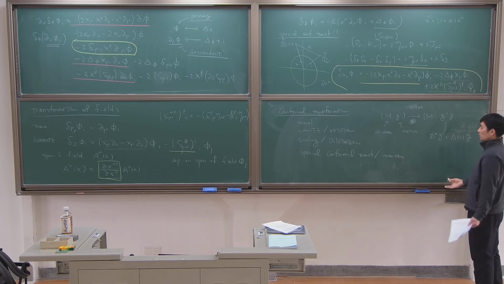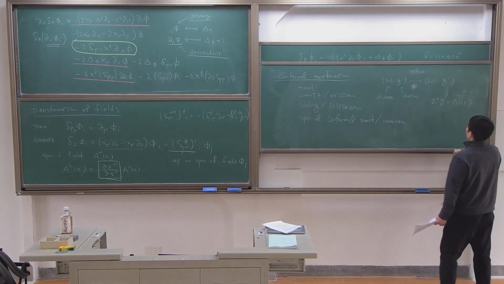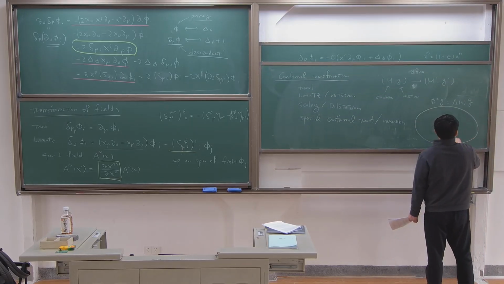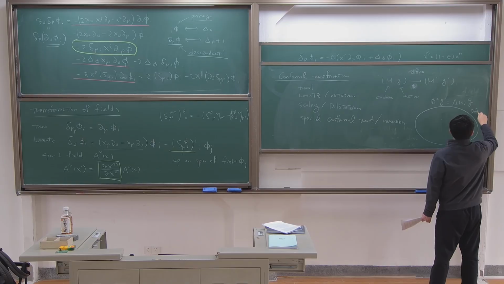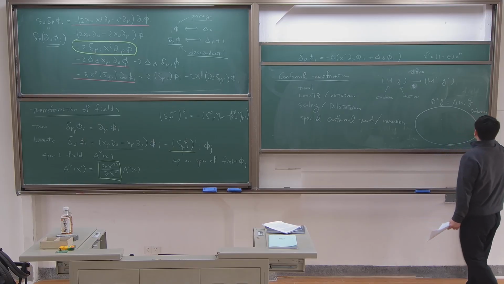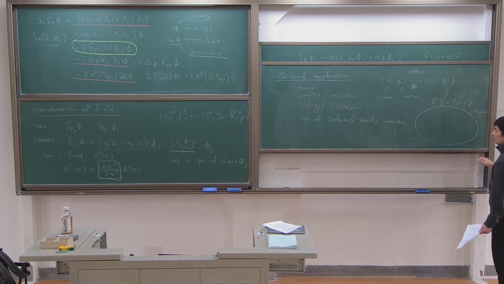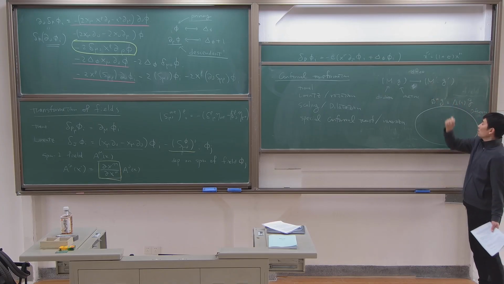So what's really happening is that there's a big group of diffeomorphisms of the space-time manifold.